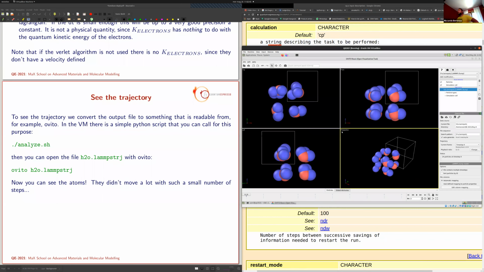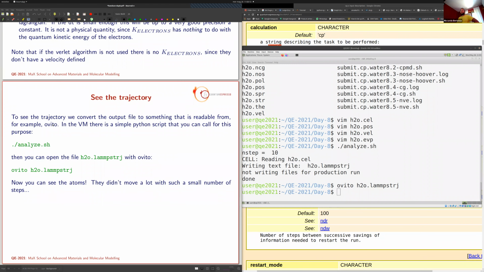Okay, this is my system. You have a different view of the same system: top, bottom, right, left, everything. You see our 8 water molecules, and there is not much trajectory in here. We have 9 frames, so you see the atoms move really a little. So that's it. We are ready to go to the next step.